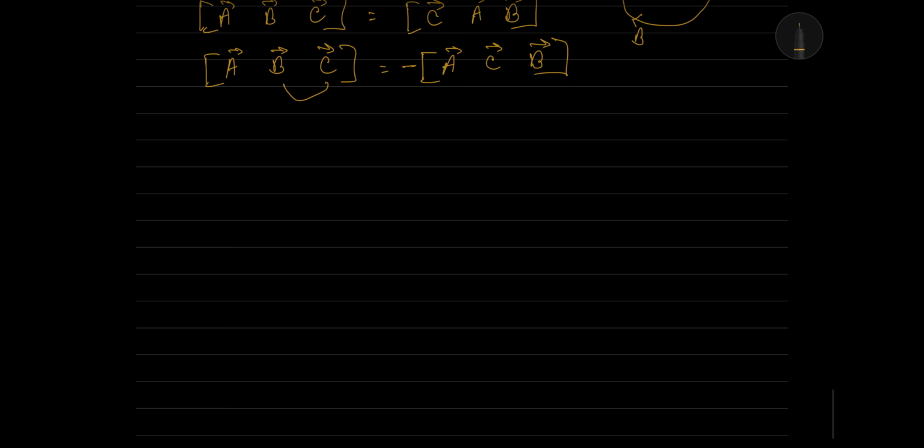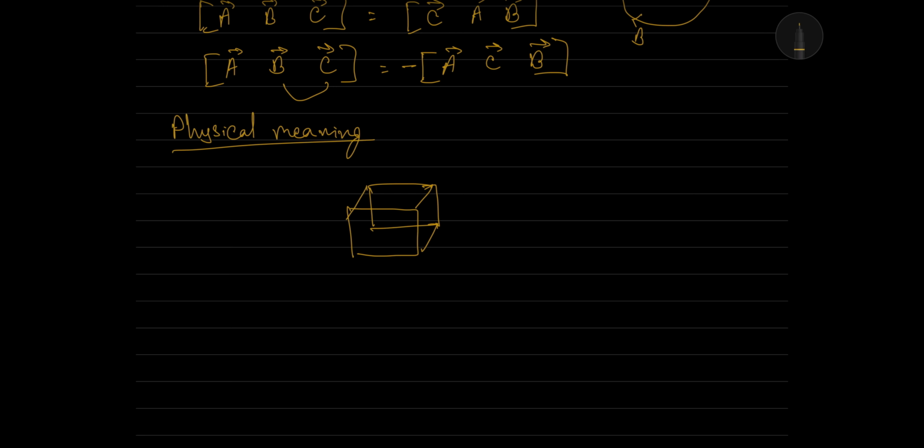What will be the physical meaning? So physical meaning, we will get the volume of a parallelepiped. Like, if this is the A vector, this is the B vector, this is the C vector, then A B C will give us the volume.